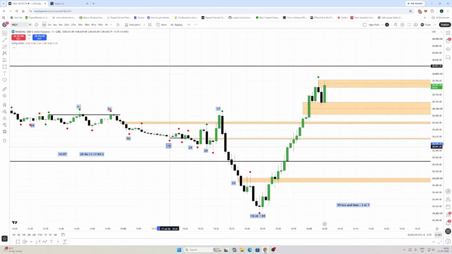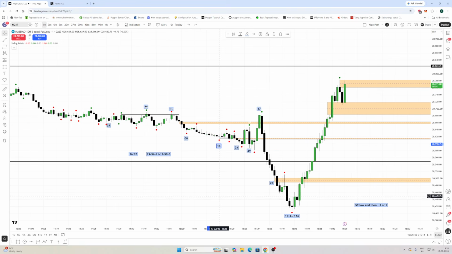But yet again, you can see the beauty of algo paths. But you're not able to trade everything. That's what I want to say, right?